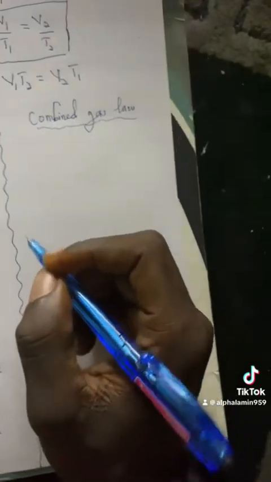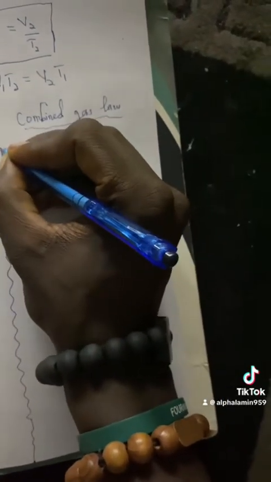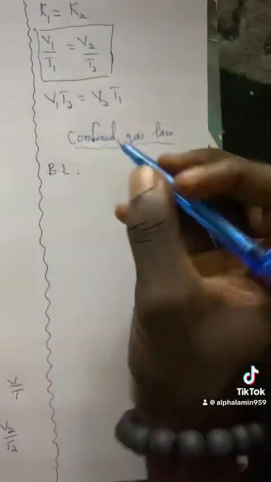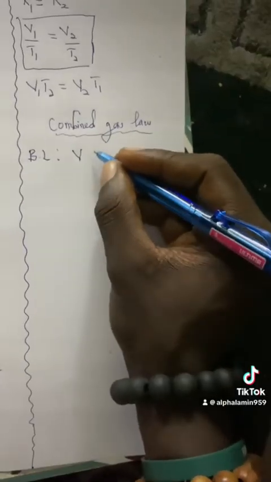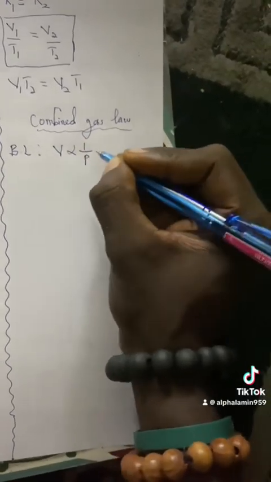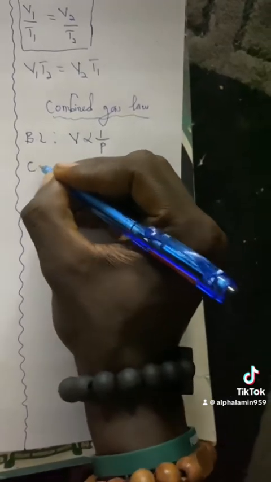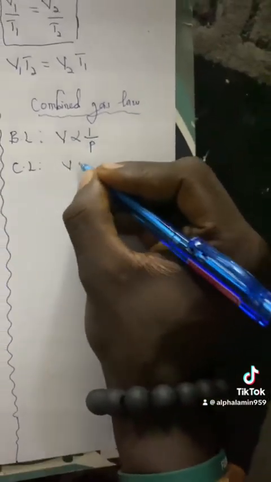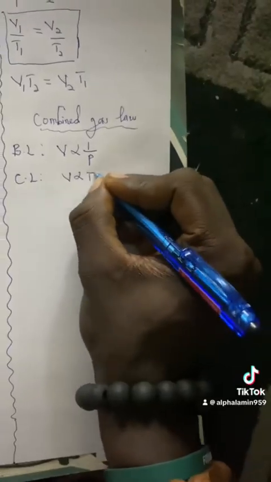We know that for Boyle's law, we said the volume is inversely proportional to its pressure. V is inversely proportional to its pressure. And for Charles' law, we said the volume is directly proportional to the temperature.